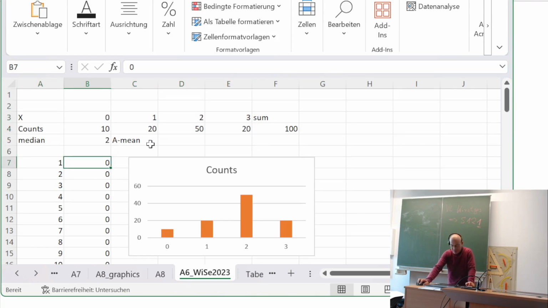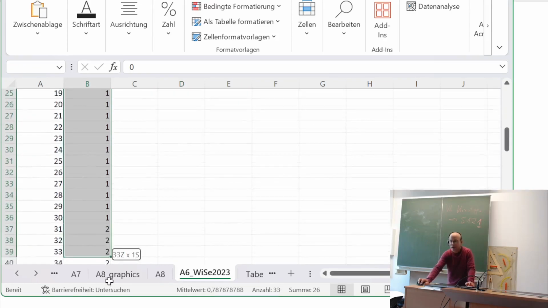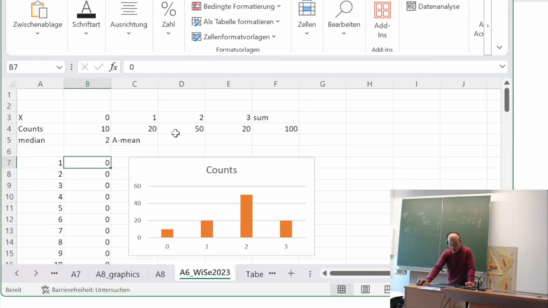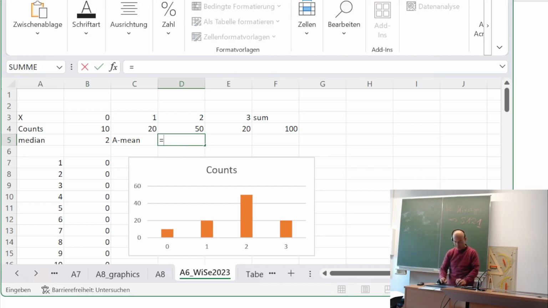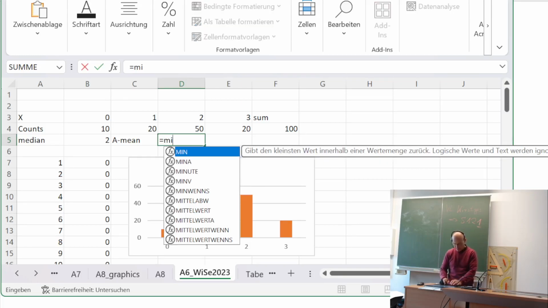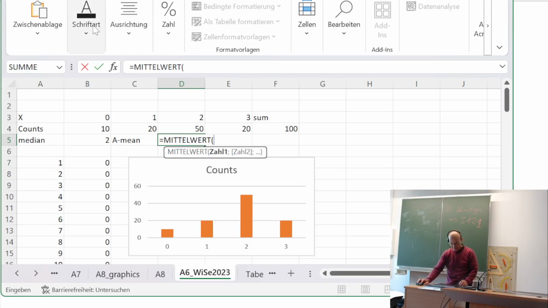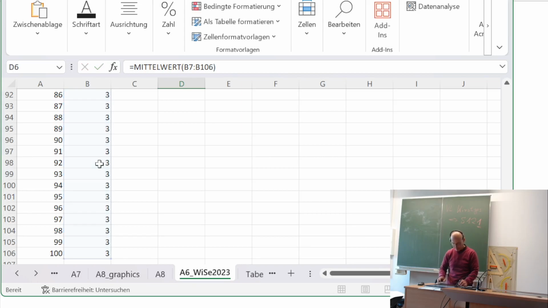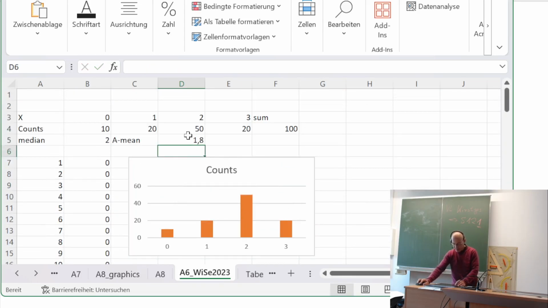We could take the arithmetic mean from this 100, or for example, we could use the formula and then we obtain 1.8, or we can directly calculate it.